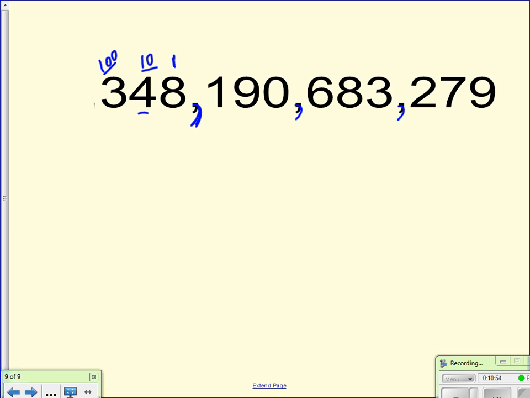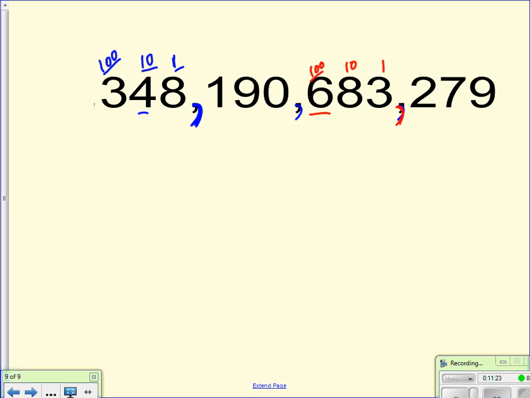The 3 is in the 100 billion. The 8 is in the 1 billion, or just billion. I'll look over here. The 6 is in the 100,000. The 8 is in the 10,000. The 3 is in the 1, just single thousand place value.